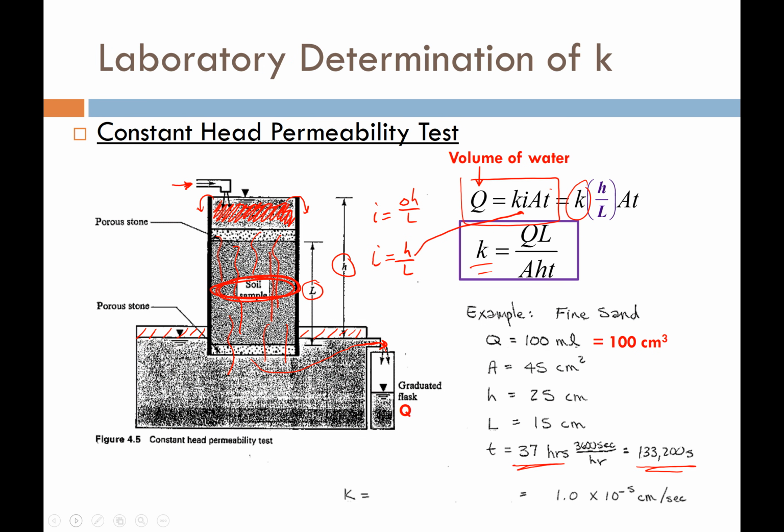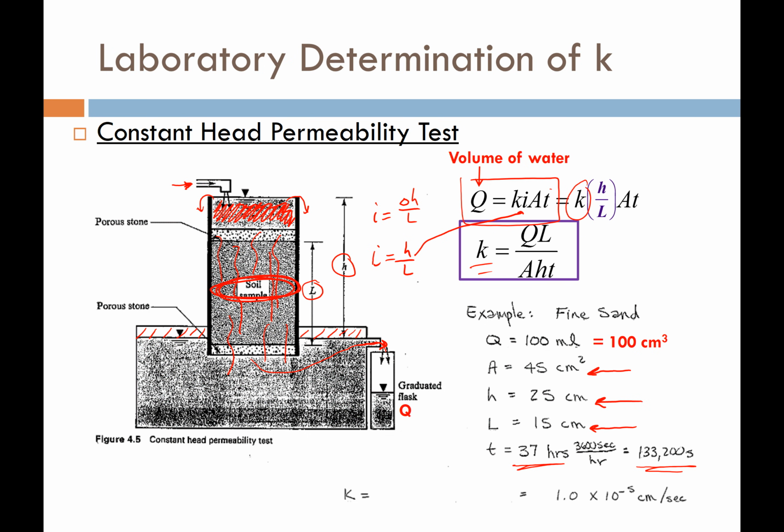Let's assume the cross-sectional area of our soil is 45 centimeters squared, that from our testing apparatus the change in head from the upper tank to the lower tank is 25 centimeters, and that it's constant. It doesn't change. And the length, or the height, of our soil in the tube is 15 centimeters. That's the distance that the water travels through the soil to get from the upper tank to the lower tank.